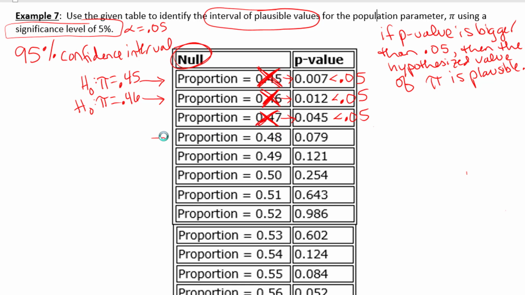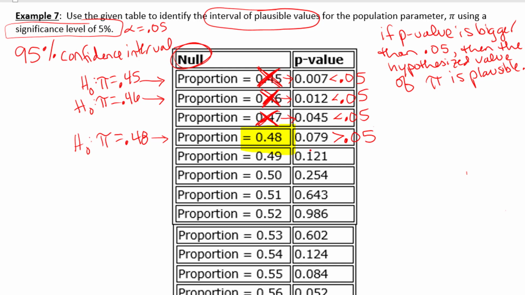And then we repeat again. If pi is equal to 0.48 in our null hypothesis, this time we get a p-value that is bigger than 0.05. So this time I have hypothesized a value of pi, and we get a p-value that's big, which makes that null hypothesis plausible, which means pi equals 0.48 is a value in the confidence interval.